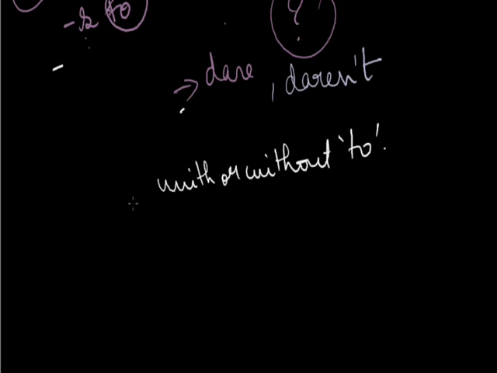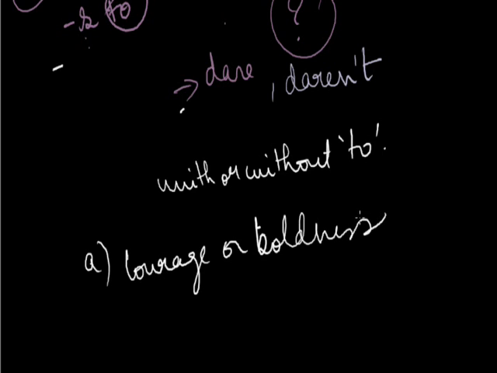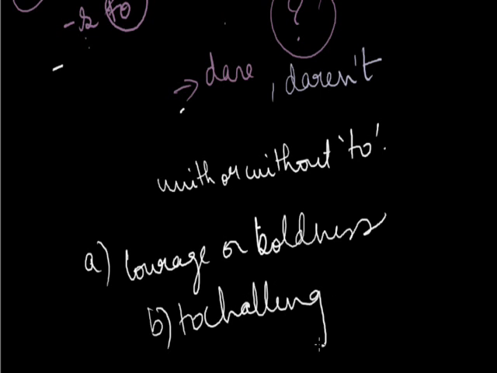Dare is used to express, first, to have the courage or boldness required. For example, we dare to oppose the unanimous decision of the board. Second, to challenge, or to do something requiring boldness: I dare you to cross the river.